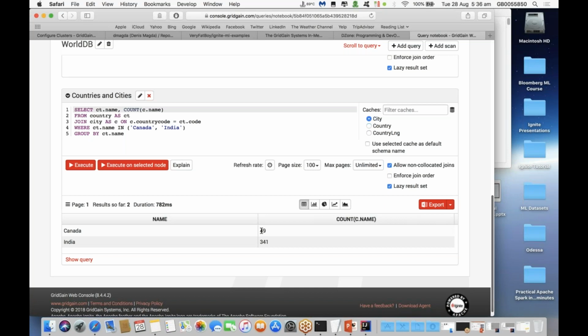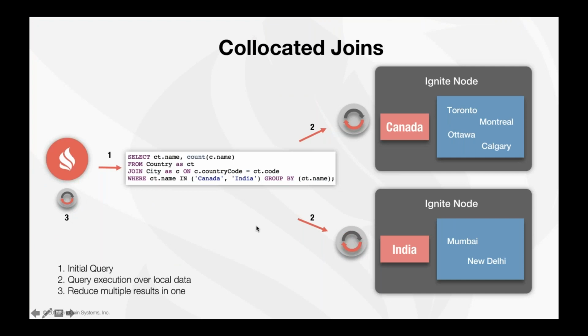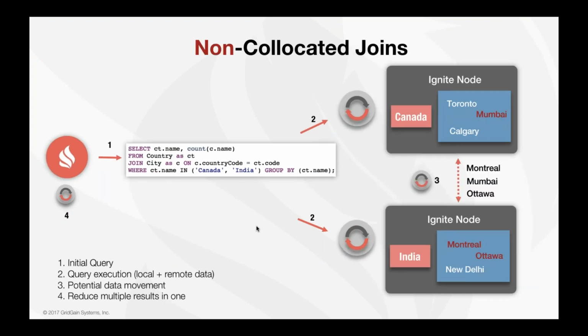So again, if you remember the results that we had previously, this now matches 49 and 341 in terms of the count for these two particular countries. Okay, so switching back to our slides, I think this is useful, having a look at this non-collocated join. You can see that the SQL query is identical.